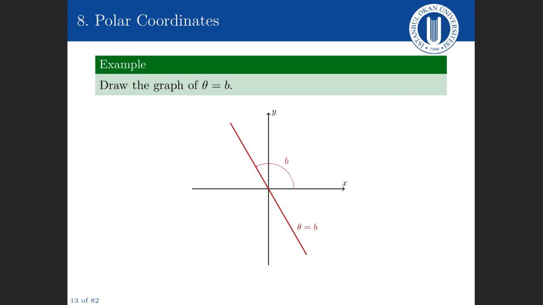Another thing I might ask is, draw the graph theta is equal to b. Draw all of the points which have angle equal to b. Imagine taking our ruler.